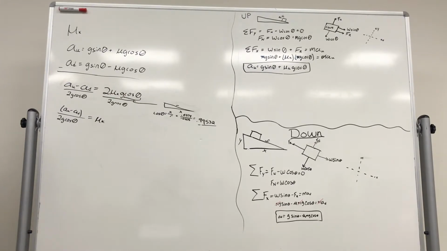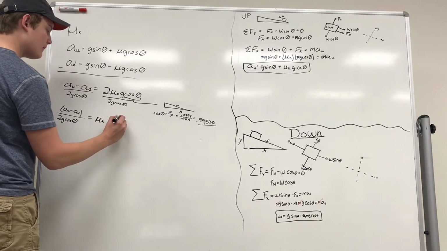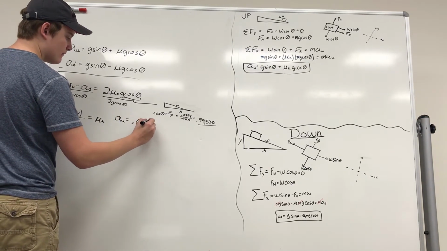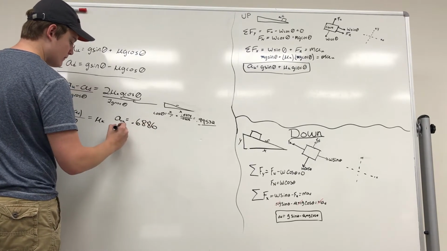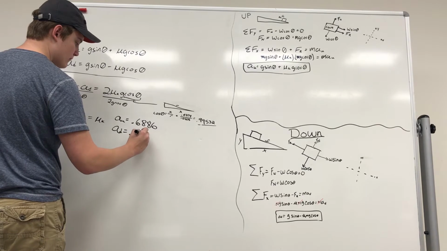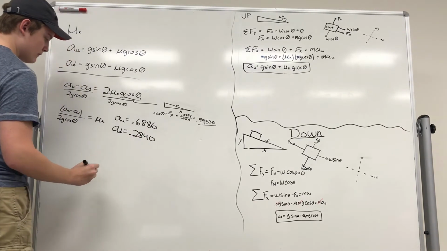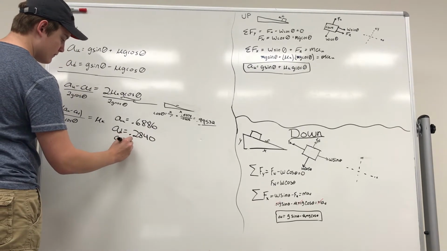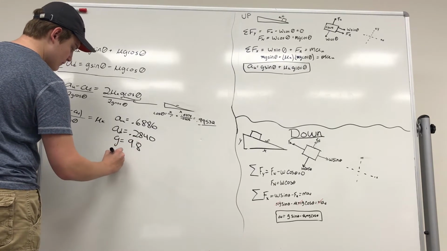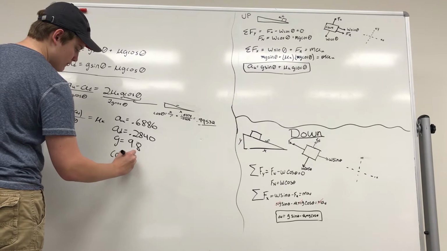So now we get the accelerations that we retrieved from Logger Pro, and we get AU equals 0.6886 and AD equals 0.2840. And then we know that g equals 9.8, and then we found cosine theta to equal 0.99532.